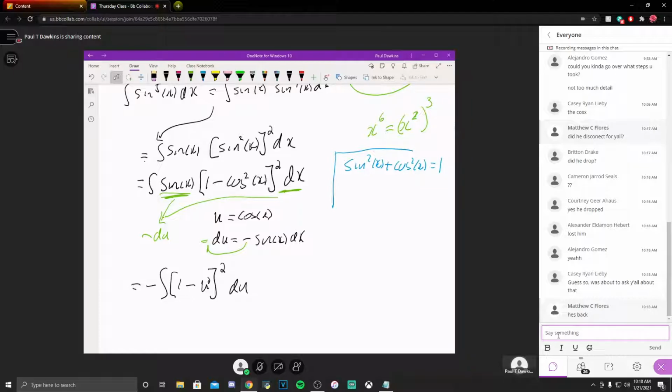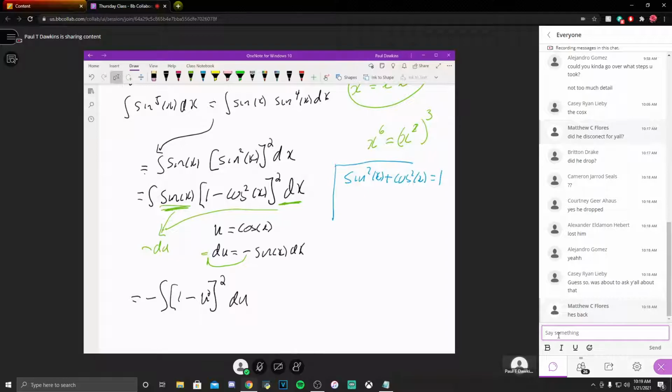There was no indication here that the dropout had happened. Where did I drop out? You were discussing how we got to this 1 minus u squared, parentheses squared.